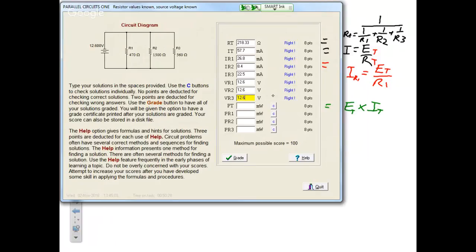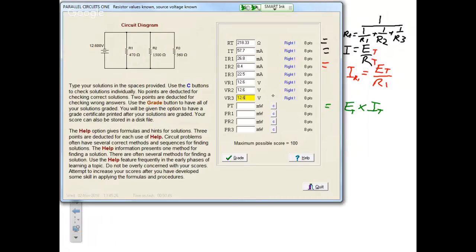Remember to convert milliamps over to amps: times 0.0577 equals 0.7270 watts.